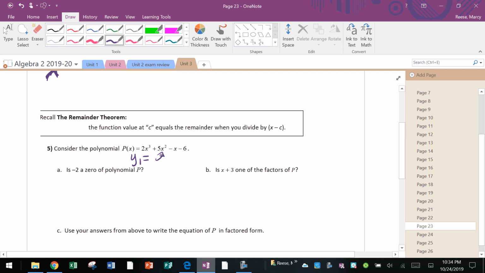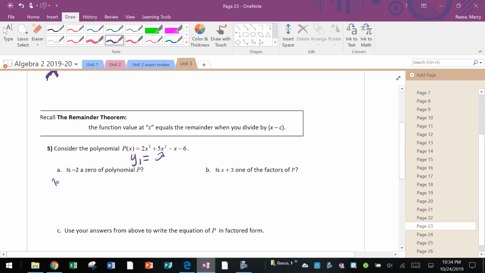Okay? So, if I were to divide this, for this first one it says, is negative 2 a zero of polynomial p.